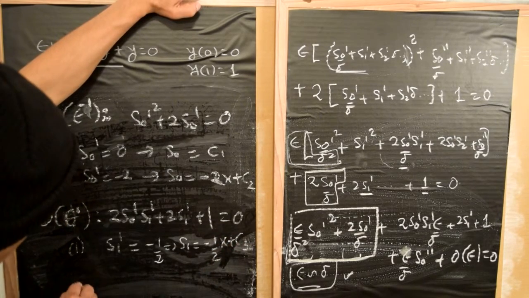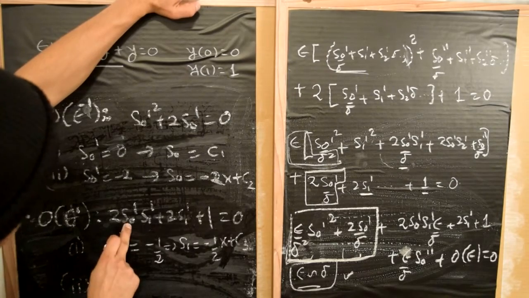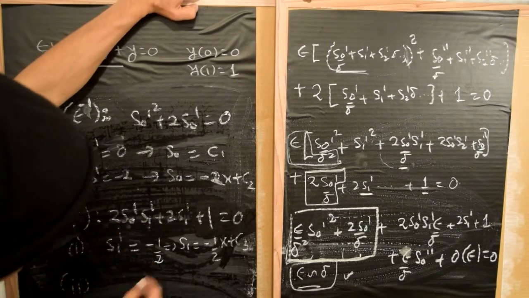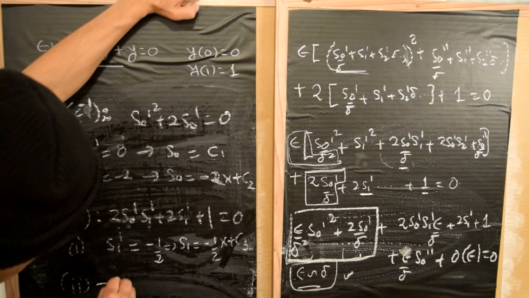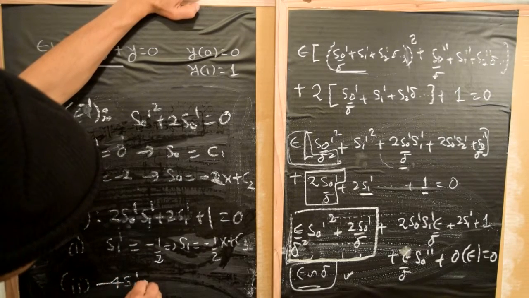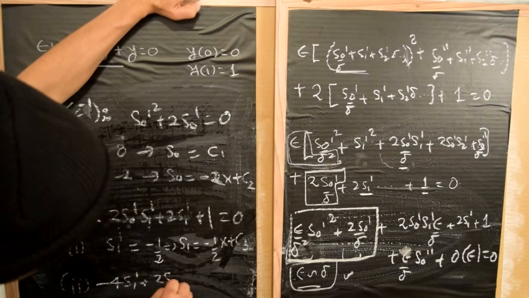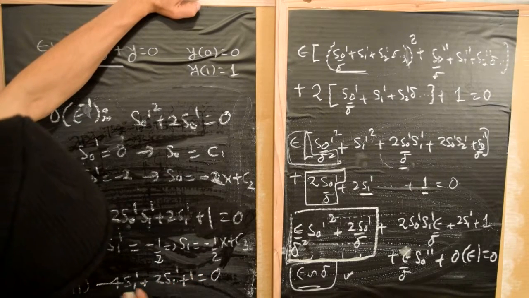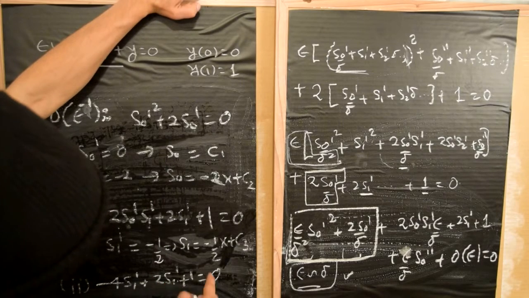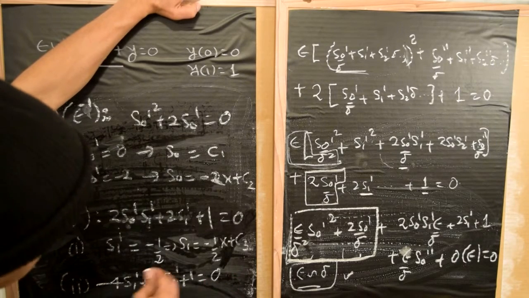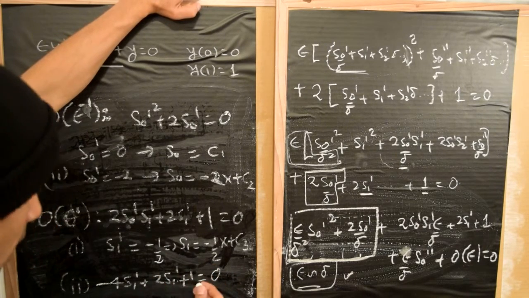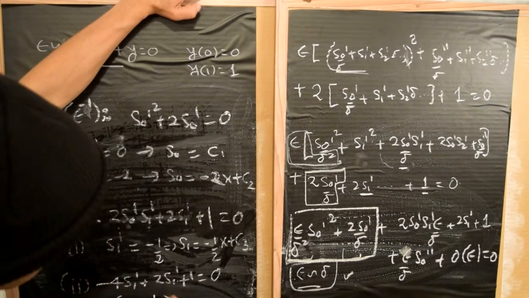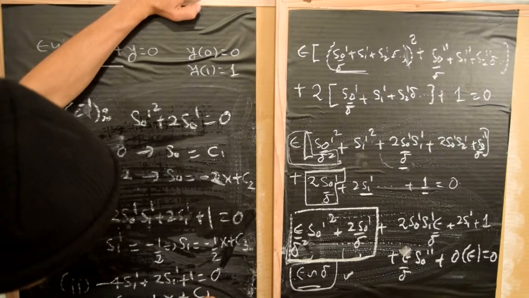The other possibility is that s naught prime is minus 2, so that gives us minus 4 s1 prime plus 2 s1 prime plus 1 is 0. Or in other words, minus 2 s1 prime is equal to minus 1, or s1 prime is half, and so this gives us s1 is positive 1 by 2 x plus another constant c4.